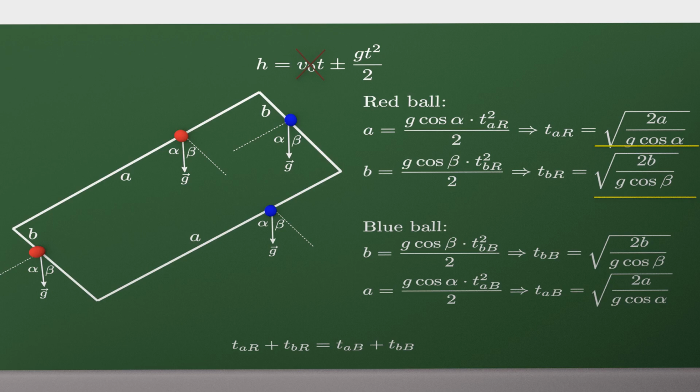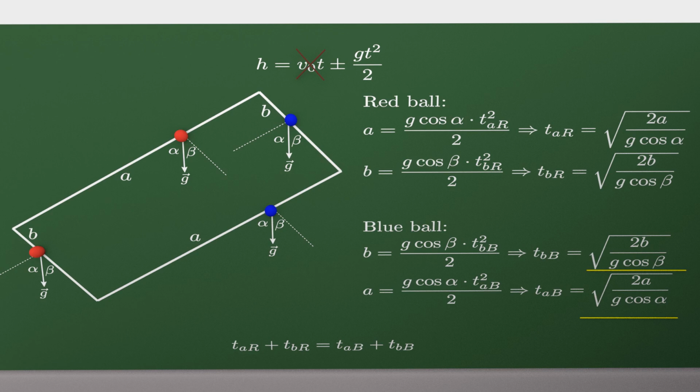When it comes to the blue particle, the distances B and A are equal to this or this, and t is this or this. And the conclusion.